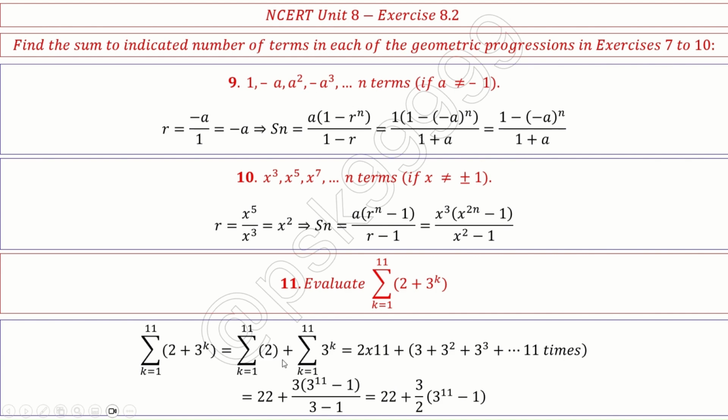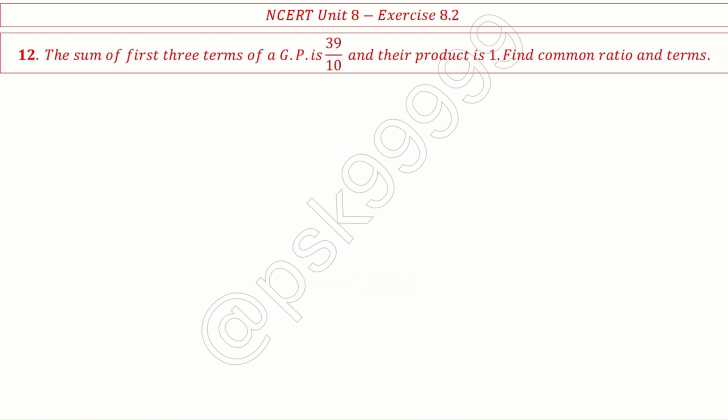So 11 into 2 is 22. And here it forms a geometric progression, 3 plus 3 square plus 3 cube up to 11 terms, because k is running from 1 to 11. So I apply the sum of geometric progression formula here. So this is my answer: 22 plus 3/2 into (3 to the power of 11 minus 1). Okay, that's the answer. Next.